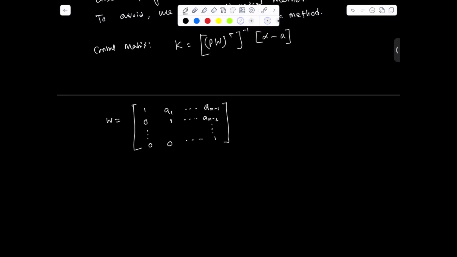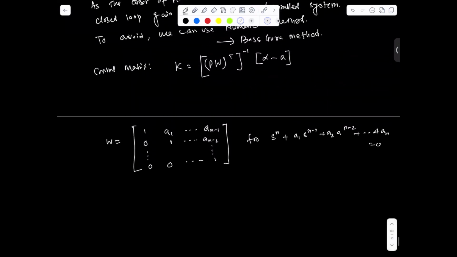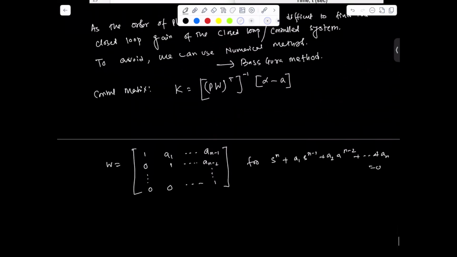So we can form the A matrix from s to the n plus A1 s to the n minus 1, A2 s to the n minus 2, dot, An equal to 0. So other than this matrix W, we can find the other terms in this equation easily. We have already found before how to find the other parameters in this equation.